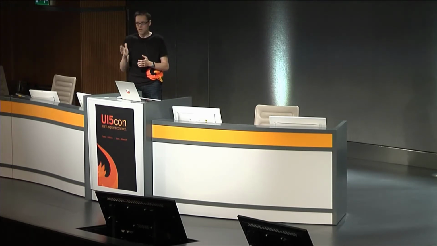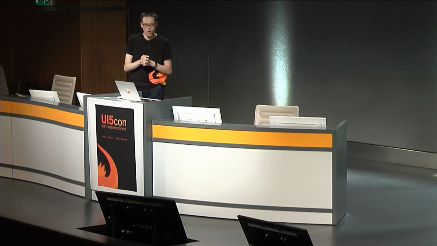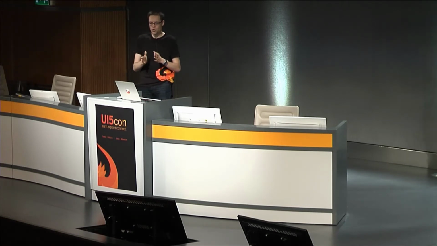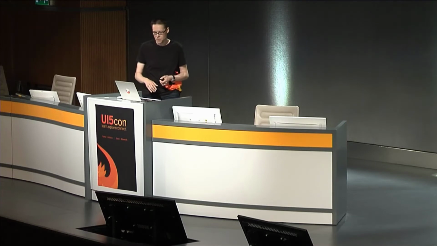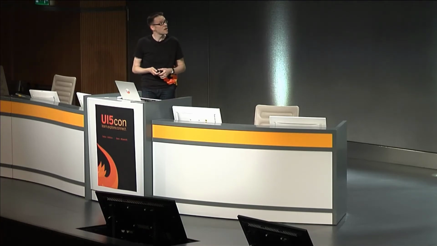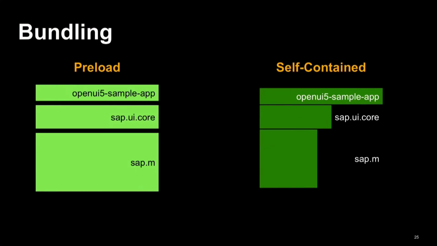And if you joined the talk of Matthias and Merlin this morning about the UI5 built-in development tooling, they already showed two versions of bundling that ship with the new UI5 tooling. That's basically the preload and the self-contained. I guess many of you were in this session.